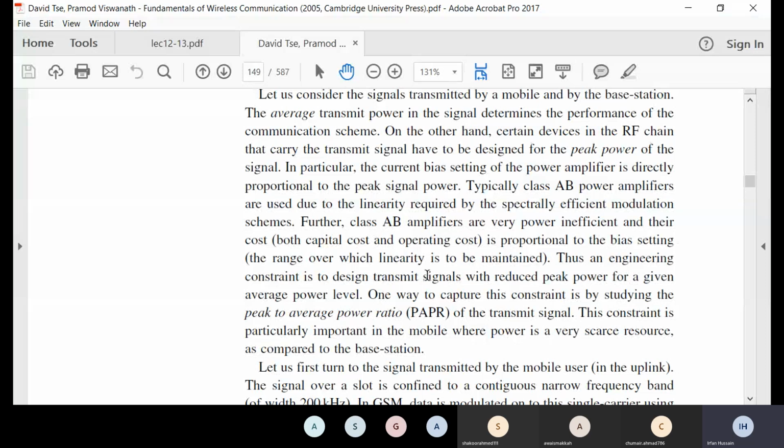So what we do here is that we design with reduced peak power for a given average power level. So we see what the average power level is, we see what the peak power level is, and we design it for a little bit reduced peak power. And this is called PAPR, peak to average power ratio. What is the ratio between peak and average power?